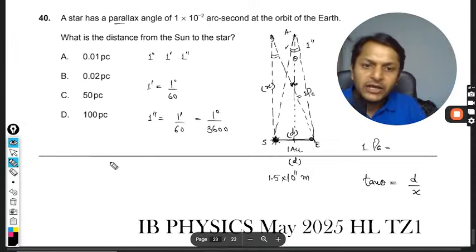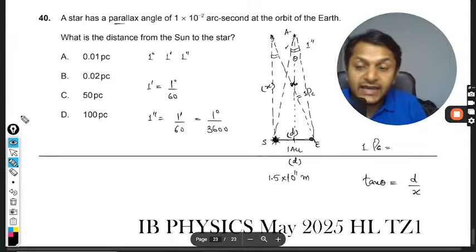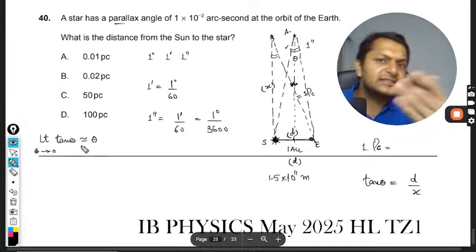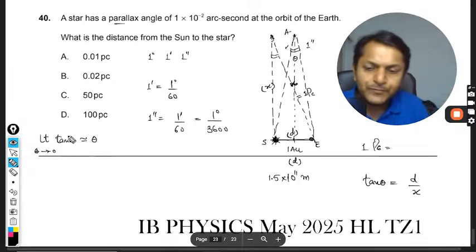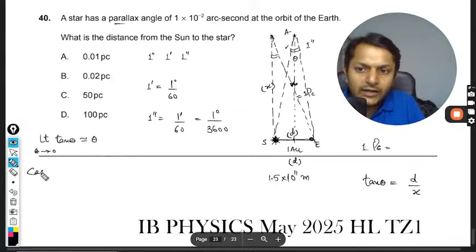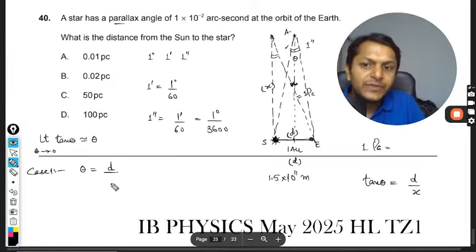Now come to the topic. So going to maths, a bit more knowledge. When theta is tending to 0, tangent theta can be approximately written as theta. So I am just going to remove the tangent here, and I will just write theta. So case 1, when we're talking about 1 parsec, theta is equal to d divided by x, where x is 1 parsec, and this theta will be 1 second.